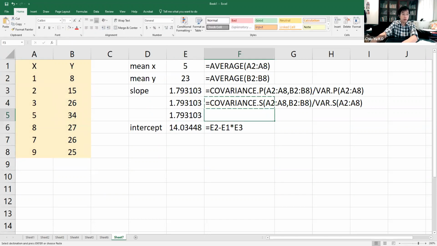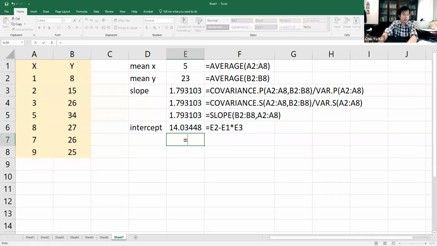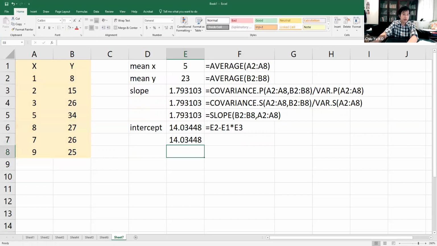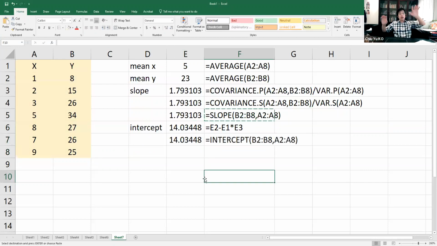You can do this directly, or you can use the slope function. Here we also have INTERCEPT. Do note that this function is only available in recent versions of Excel. In the old days, you didn't have this, but now we have a very convenient function. Up until now, is there any question on how to do the regression?